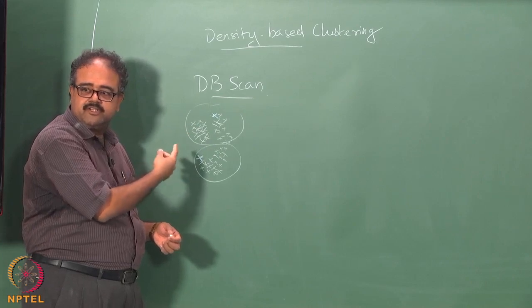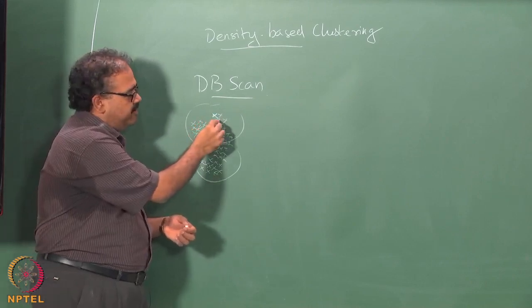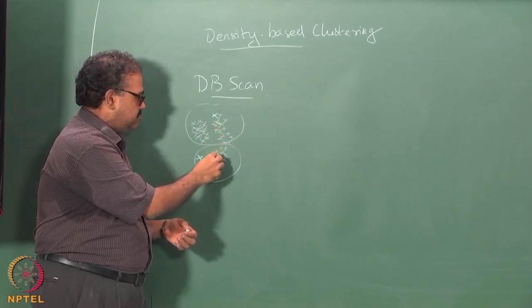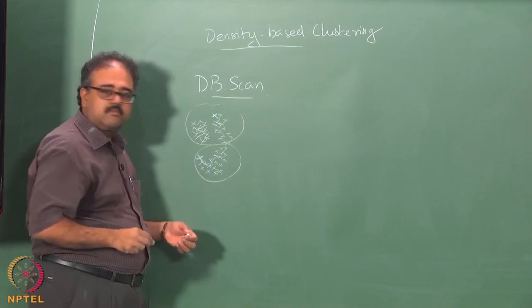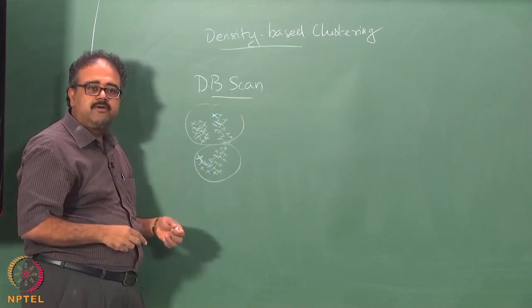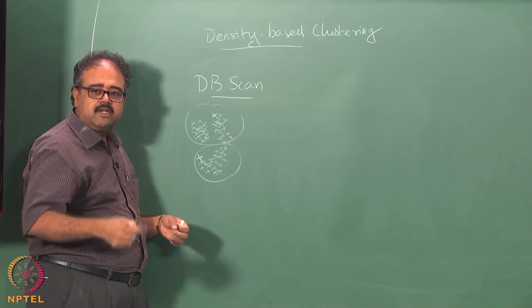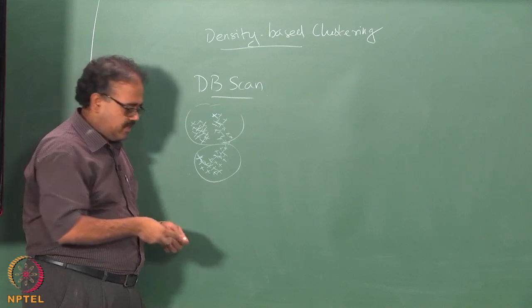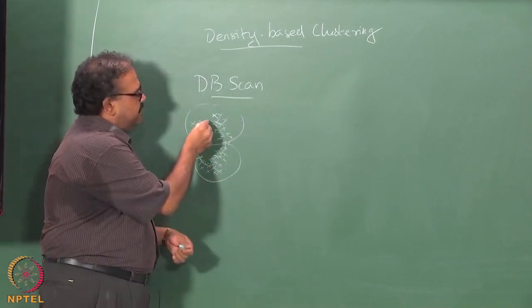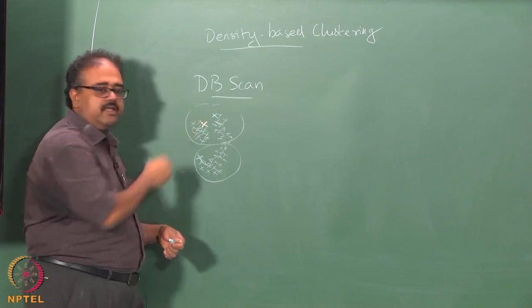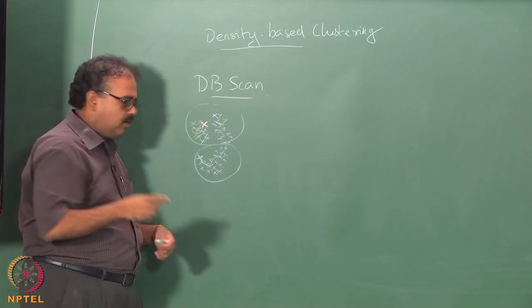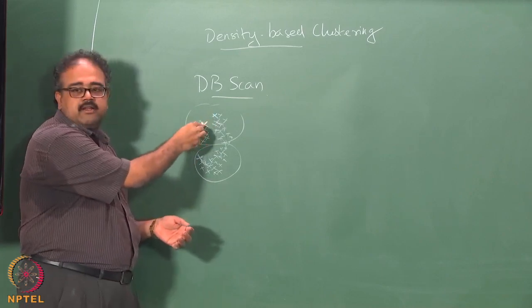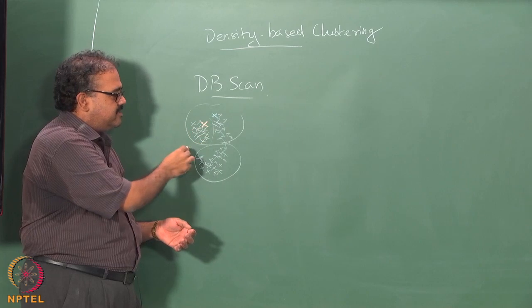So the intuition here is that I can keep hopping, at no point do I take a very big hop, I can keep hopping to things that are nearby and I can go from here to here. If I take these two points, the blue and the brown one, there is no way I can hop from here to here, because there is this nice gap here.